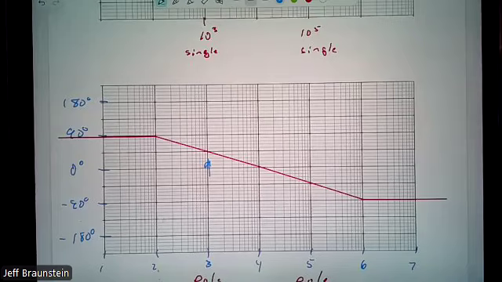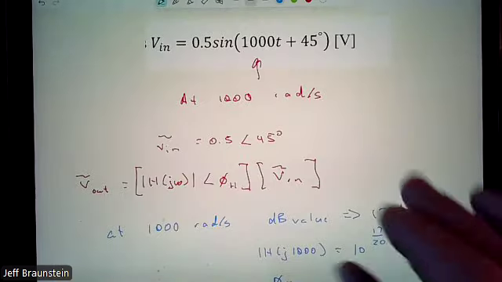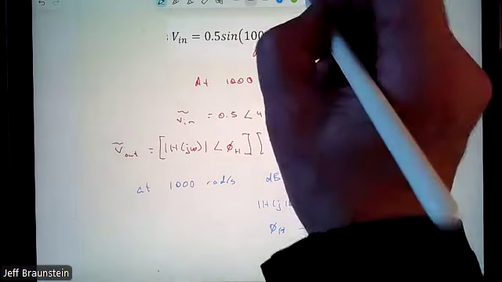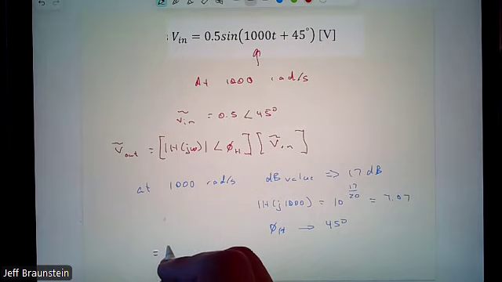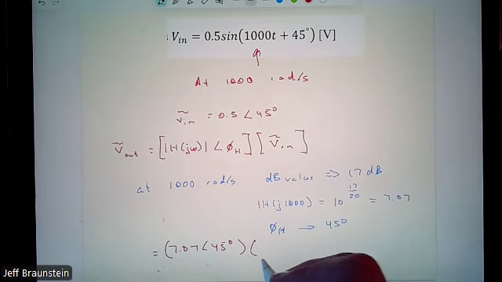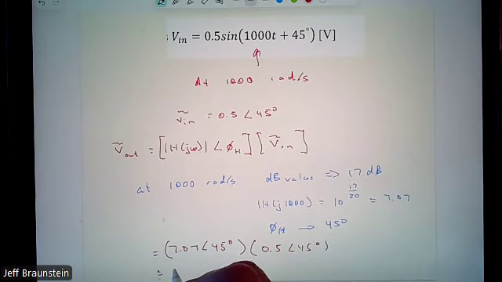So all that said, we wind up with 7.07 angle 45 degrees, our transfer function in phasor form, times 0.5 angle 45 degrees. We do that math out, that's 3.53 angle 90 degrees, roughly.